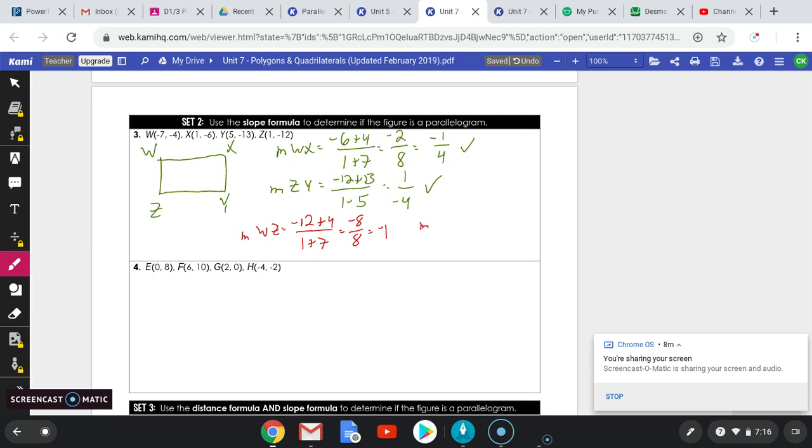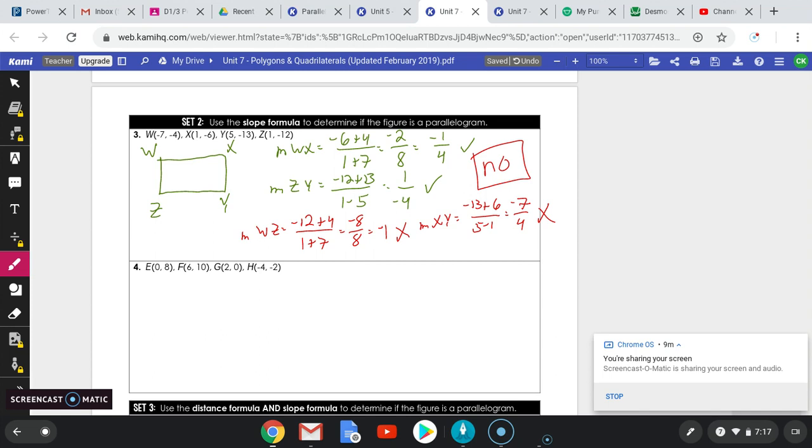Now do the slope of XY, and I would have -13 plus 6 over 5 minus 1. -13 plus 6 is -7. 5 minus 1 is 4. Are these the same? No, these are not the same. So therefore, this final answer is no, it's not a parallelogram.